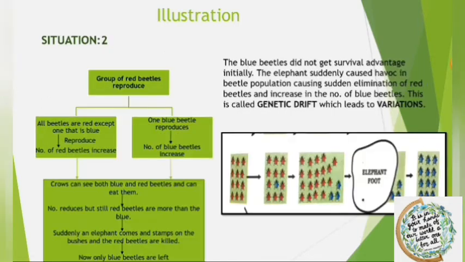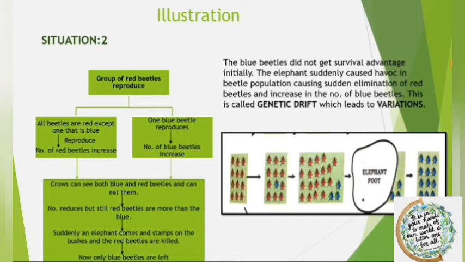Now, consider the second situation. Again, we have the red beetles and a color variation arises due to sexual reproduction. But this time, instead of a green beetle, we have a blue colored beetle. Again, this blue beetle can pass its color to the progeny so that all its progeny beetles are of blue color. This time the crow can equally see the red and the blue beetles on the bushes.